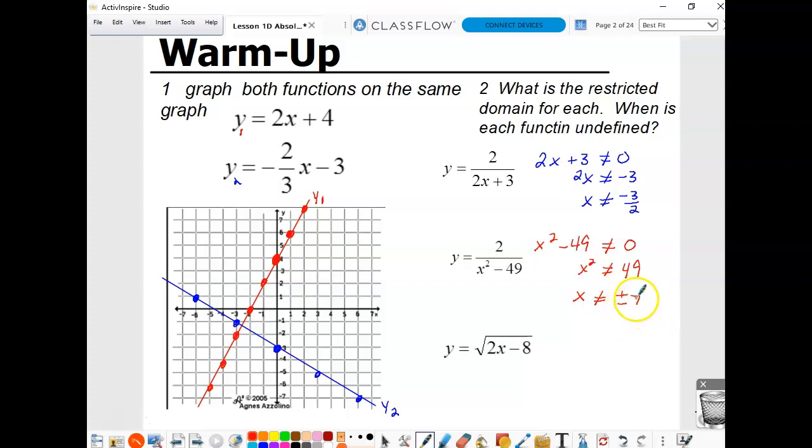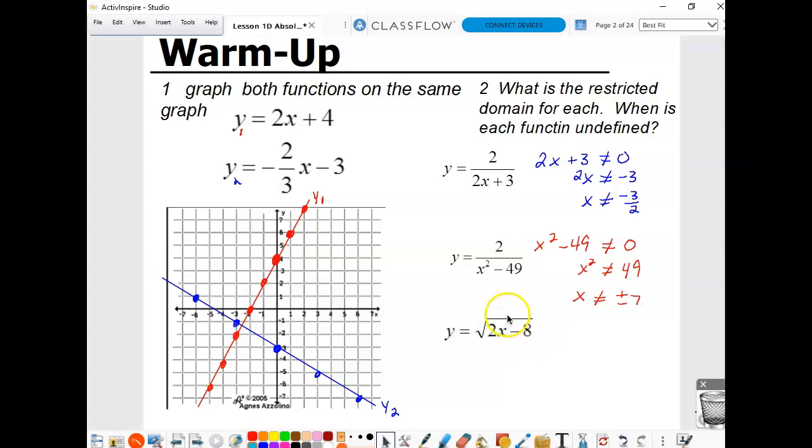You have to include both of those because we took the square root of both sides. Basically, if I substituted in +7, I would have 49 minus 49. And if I substituted in -7, I would have 49 minus 49. Both of those would get me a denominator that was equal to 0. This last one's slightly different because it's not talking about a fraction. What we have here is actually a square root.